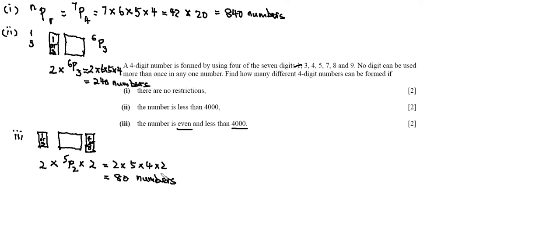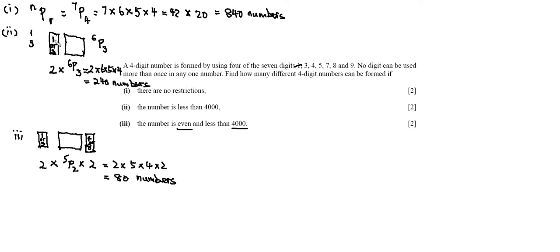Okay, that's it. This is a purely permutation question. We're going to look at more of these questions later. But bear in mind, just a recap: no restriction is 7P4. The number has to be less than 4,000. So the first digit has to be 1 or 3, there are only 2 choices.